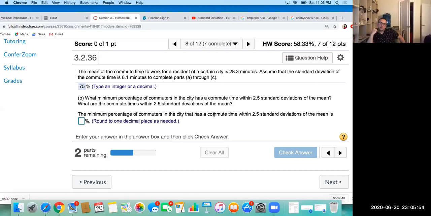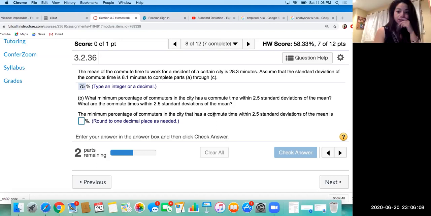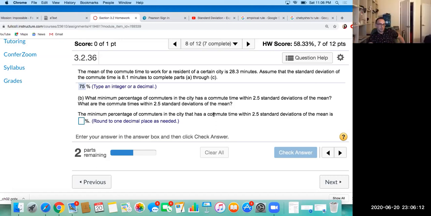Sounds right. But you're going to have to convert that to a percentage, not a decimal, because it gives you a percentage symbol next to the box. That means you need to put in the number, not the decimal. 16. Yeah, is it exactly 16%? Yes.